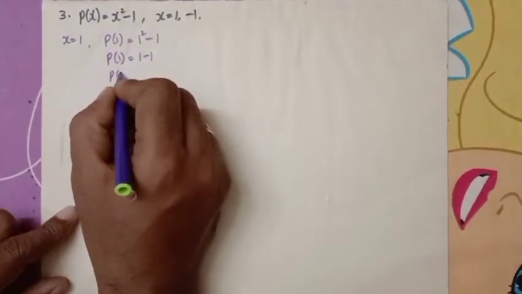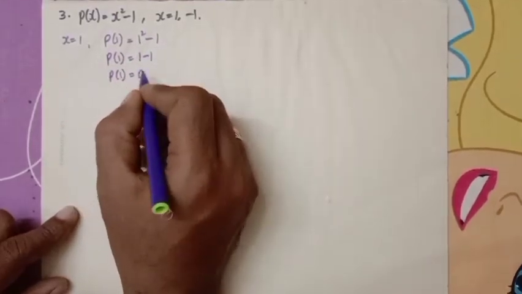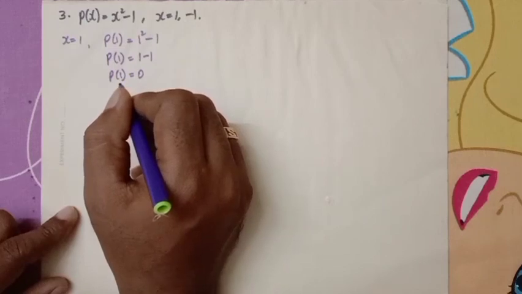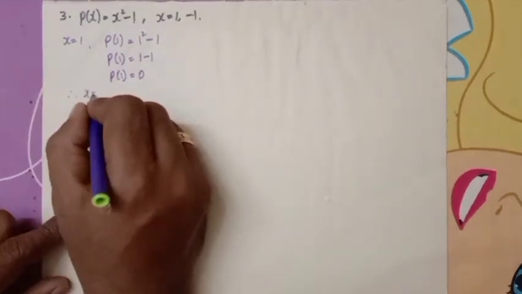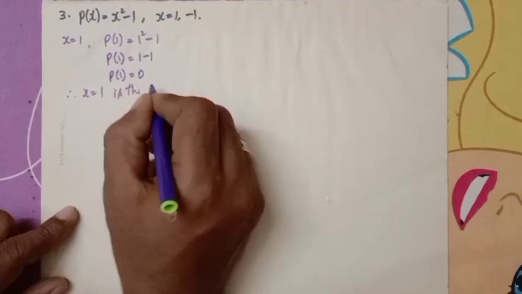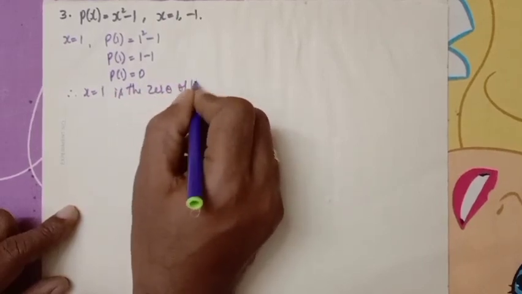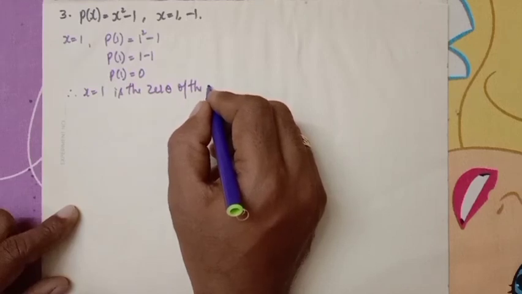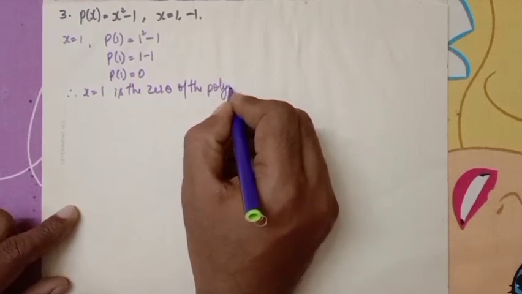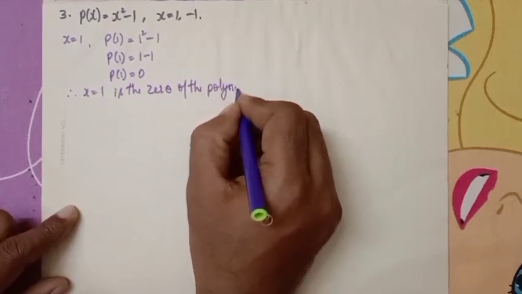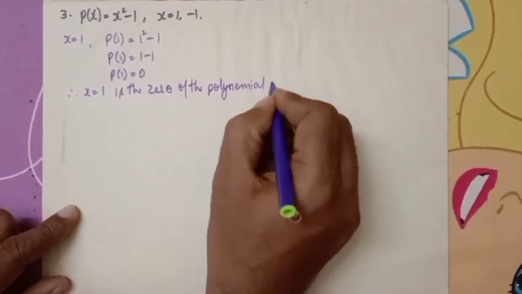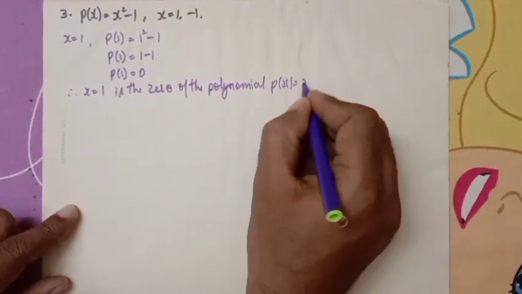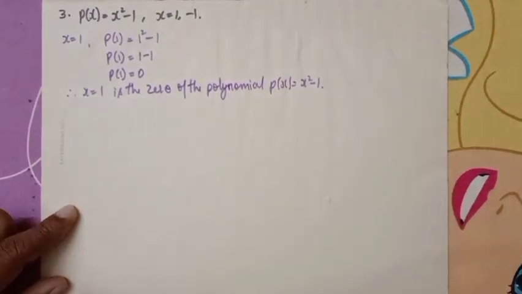So, p of 1 is equal to 0. Therefore, x is equal to 1 is the 0 of the polynomial p of x is equal to x square minus 1.